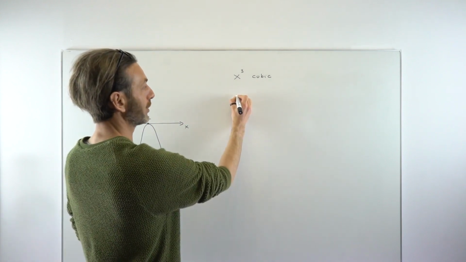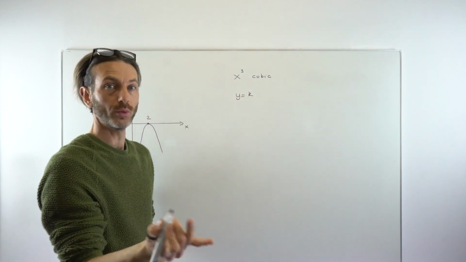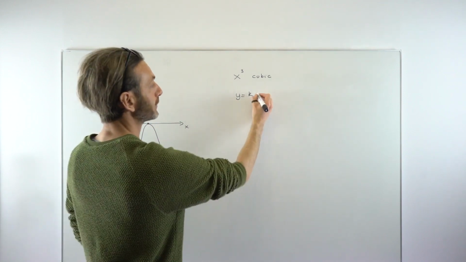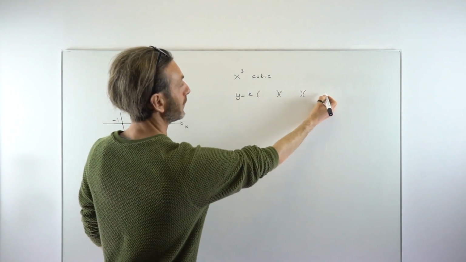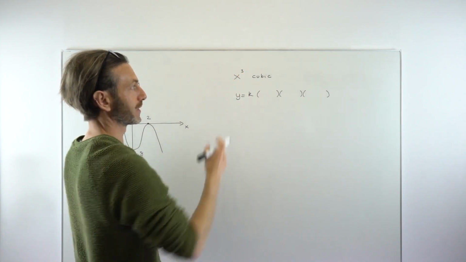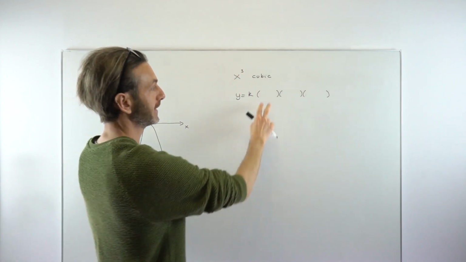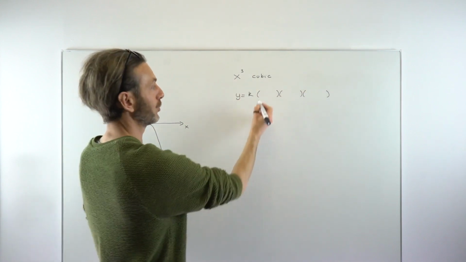In the case of a cubic, the general form is going to be some k value in front, which is a coefficient value, multiplied to 3 brackets. So when you factorize a polynomial function, the order, which is the highest power, dictates how many brackets you should get. So a cubic, being a power of 3, should have 3 brackets.